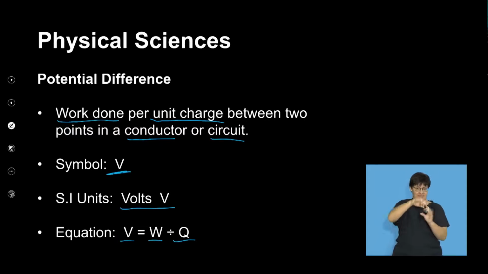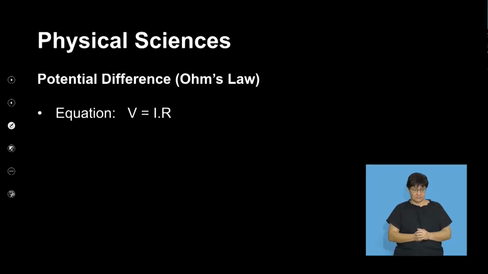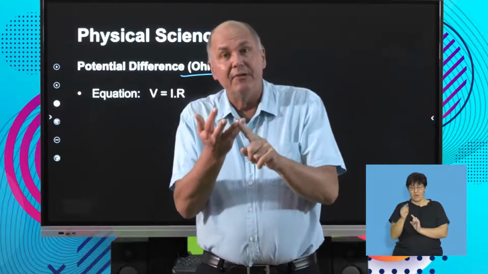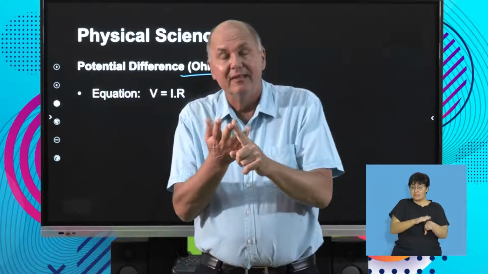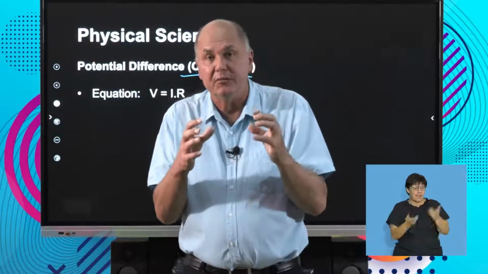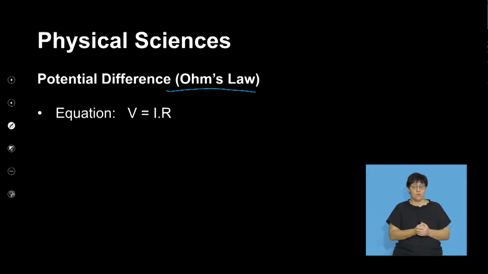Now, that's not the only way that we can work out potential difference. We can also use Ohm's law. Remember, Ohm's law is the way that we relate potential difference, current, and resistance to each other. The equation to work out potential difference is simply V is equal to I times R. I sometimes forget it and get all confused.